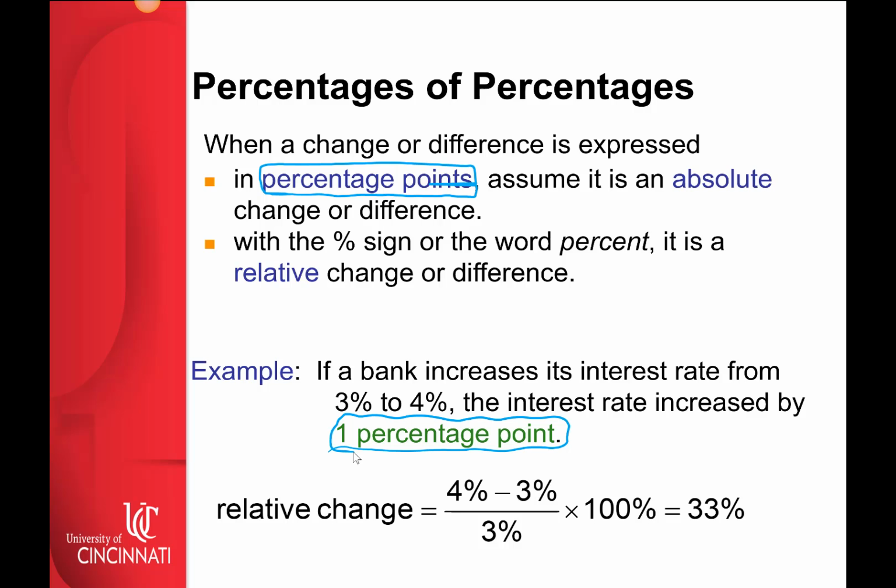The percentage points is it went from 3% to 4%, a 1 percentage point increase. I know I've said it before. Okay, it's not that I've forgotten where I am. What I'm concerned about is you differentiating between a percentage point and a percentage.